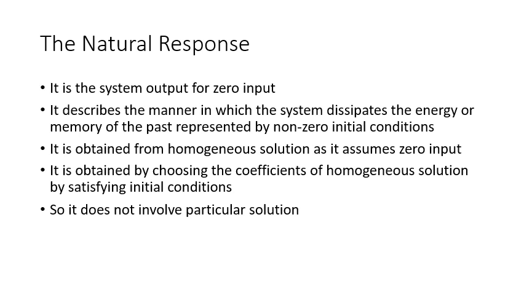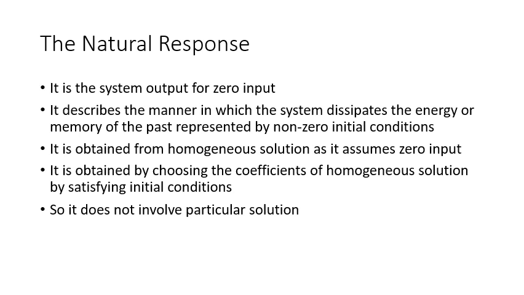We will call the component of the output associated with the initial conditions the natural response of the system, and the other component, due only to the input, the forced response of the system. So the complete output will be equal to the summation of the natural response and the forced response.